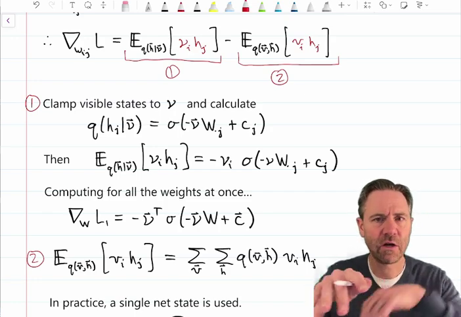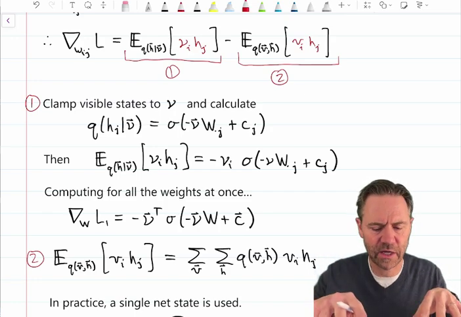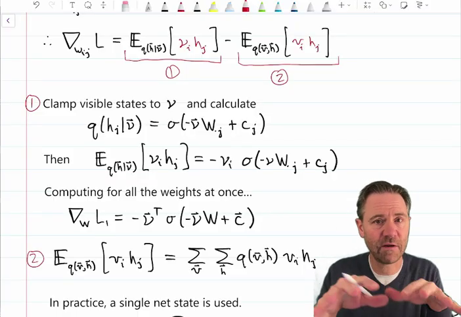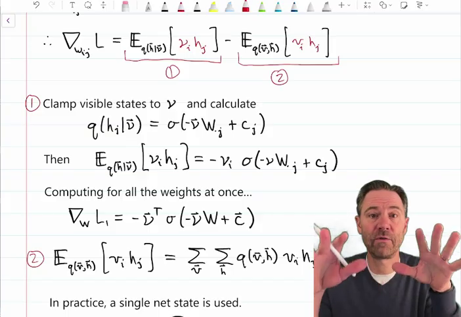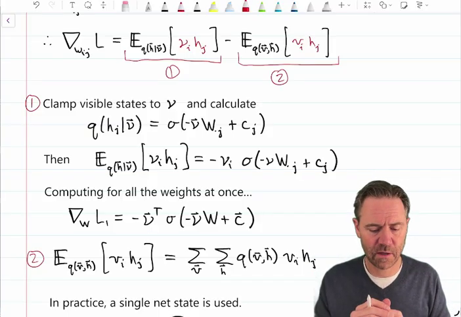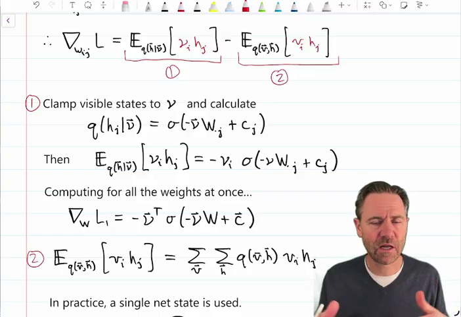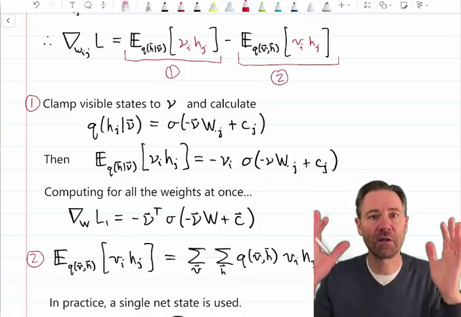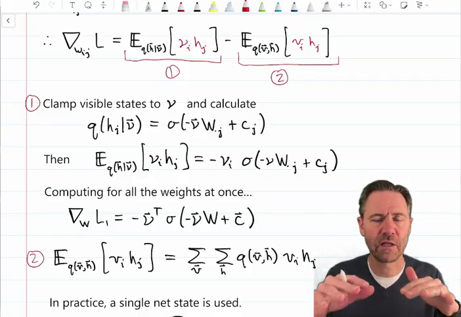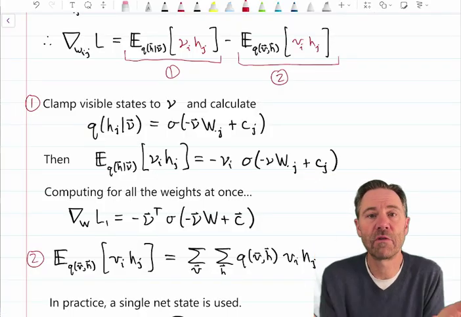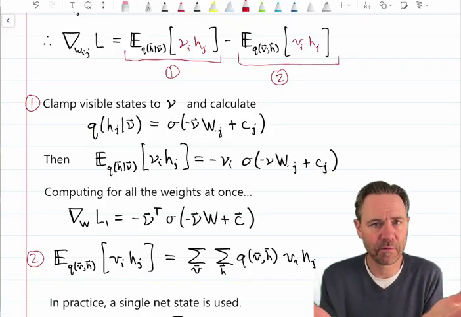Since the V's are, in this first case, in term 1, fixed or clamped, we just have to fix them to what we're given, and all we have to do is figure out the expected value of the H's. The expected value of the H's can be computed with a single pass. You just take the V's, project them into the H, figure out what the input to the H's are, run them through the Bernoulli, and get the probabilities.